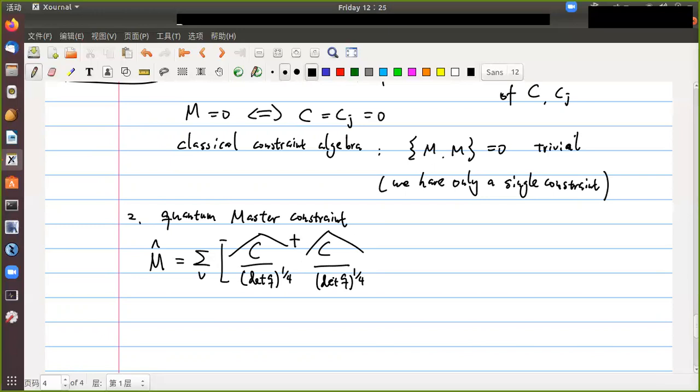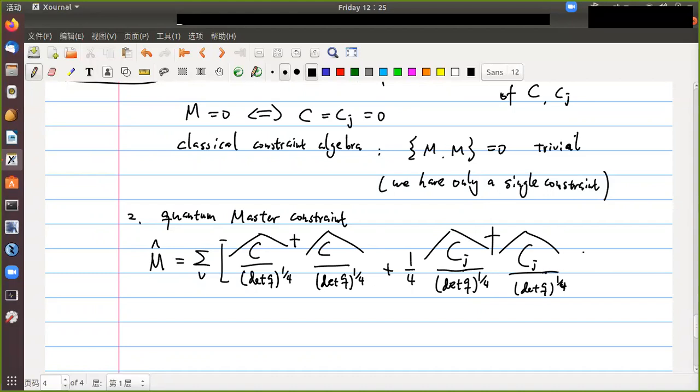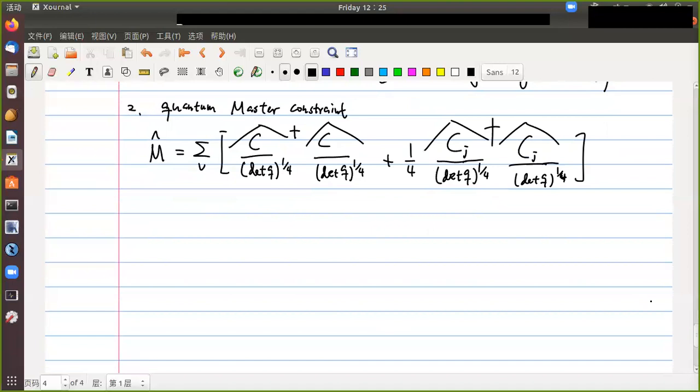The first operator is the dagger of the second, plus a factor 1/4 for the C_J terms and their dagger. Okay, so what is this operator C or C_J divided by Q to the power 1/4? It is more or less the same operator as before, but you have to change your volume operator a little bit.